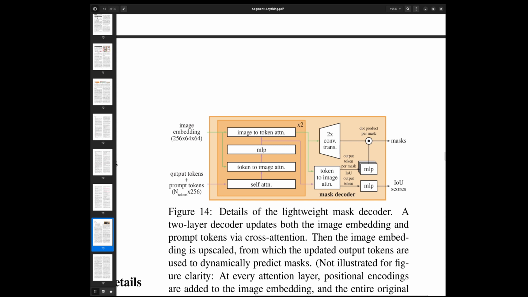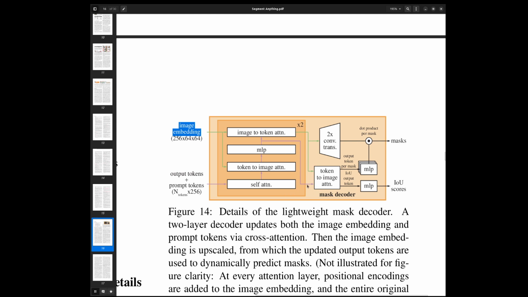And if you don't have any tokens, let's assume that we don't have the prompt tokens. What's going to happen is that here we will just have the same stuff, right? Here we won't have this guy here.